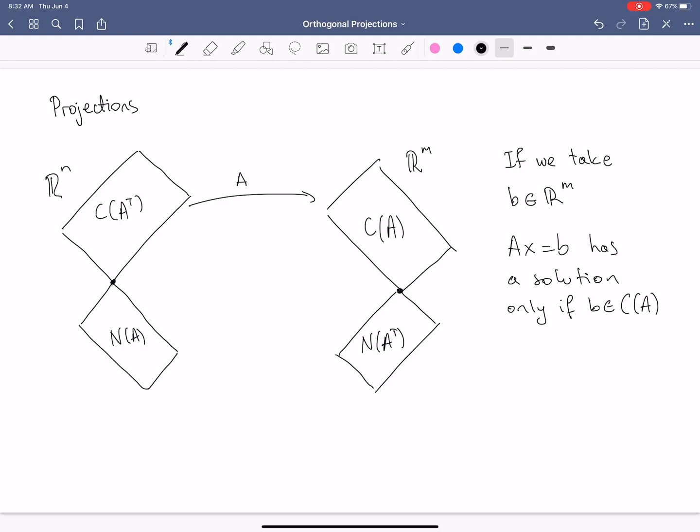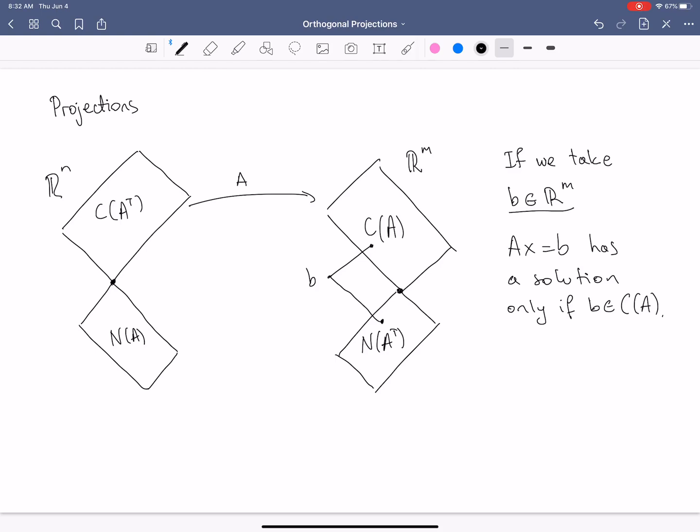But here's the key point. You can take any vector b in Rm. Because the column space of A and the left null space of A are orthogonal complements, what that means is that if I take a b here, there will be a part in the column space and another part in the left null space.